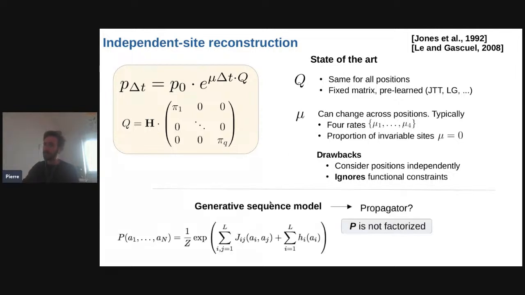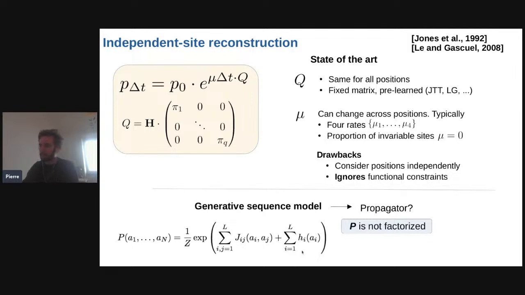Now the question is, can we somehow improve on this and use some generative sequence model to build a propagator that is more aware of the functional constraints? The problem is that if you use something like a Potts model, or maybe some deep model like transformers, the probability of a sequence is not factorized.